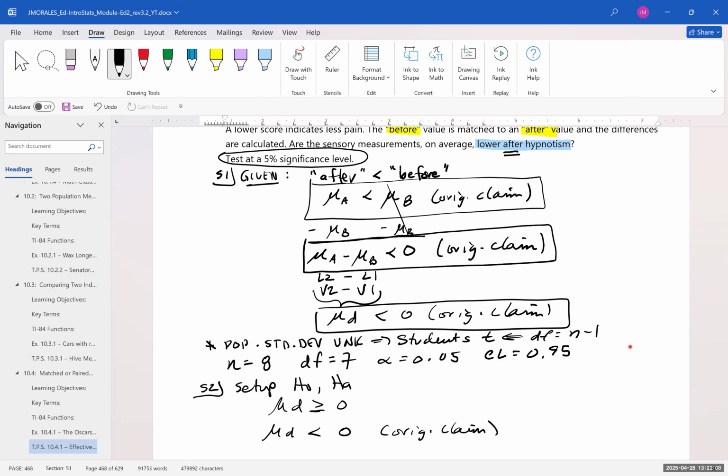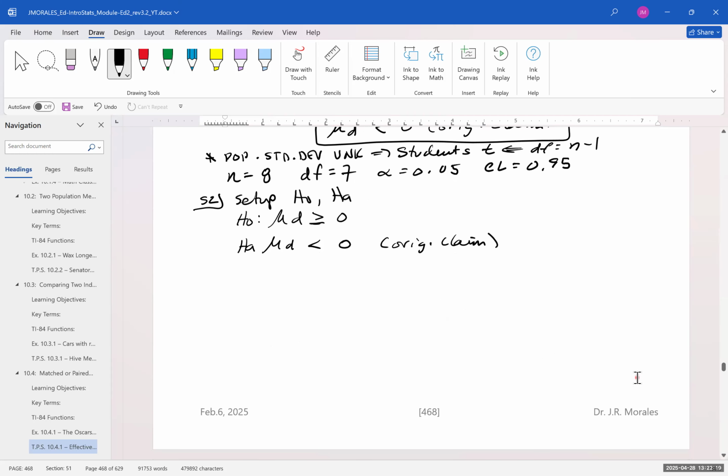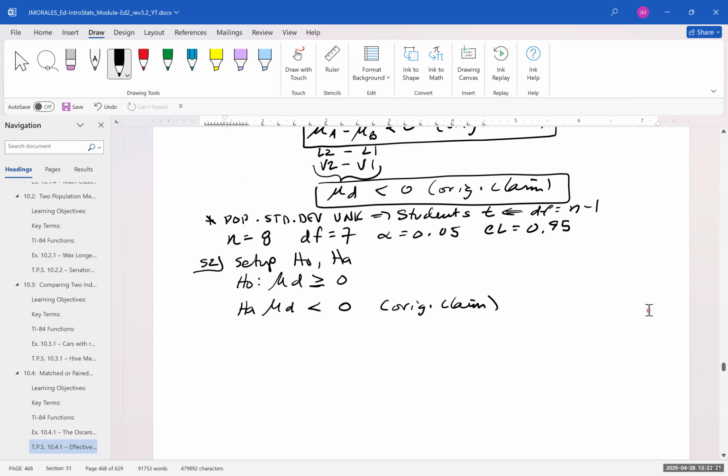And so because it has equals, that's our null, and the other is our alternate. This less than looks like an arrow pointing to the left, so we're going to be dealing with a left-tailed distribution.